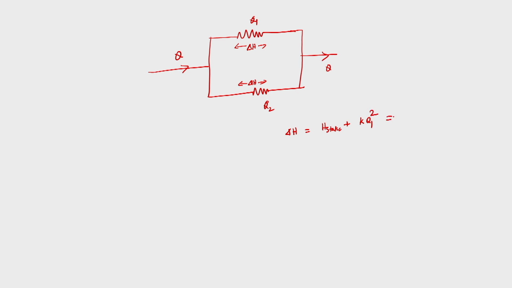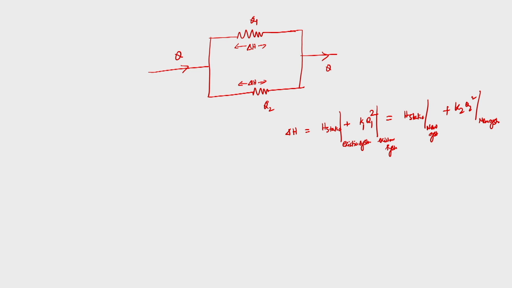Similarly, the same head will be experienced by the other pump supplying water to the new system, so H static of the new system plus K2 Q2 square. This is the condition based on which these two pumps will run.